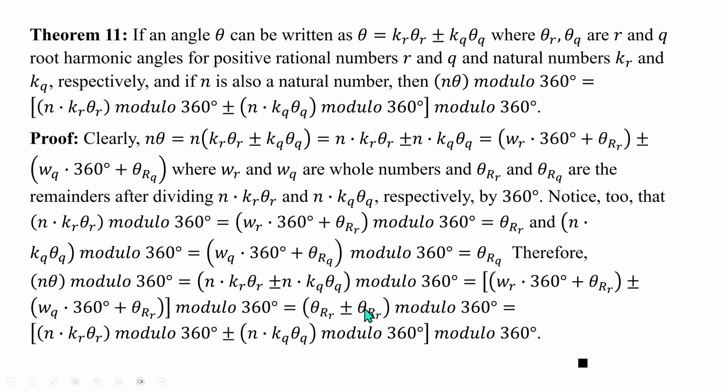This should be theta sub r sub q. This expression is going to be equal to this right here: n times k sub q theta sub q modulo 360 degrees. So this plus this, but change this little r to a little q, that is going to be equal to this whole thing, modulo 360 degrees. Okay, always a typo or two to correct. Sorry about that.